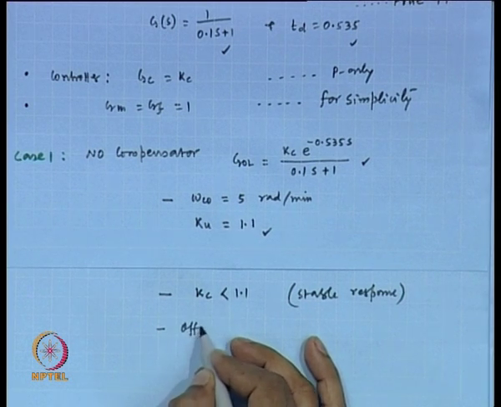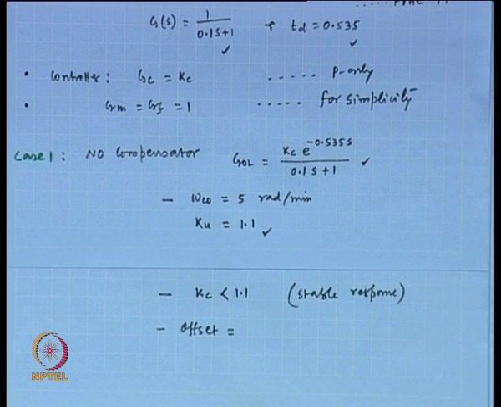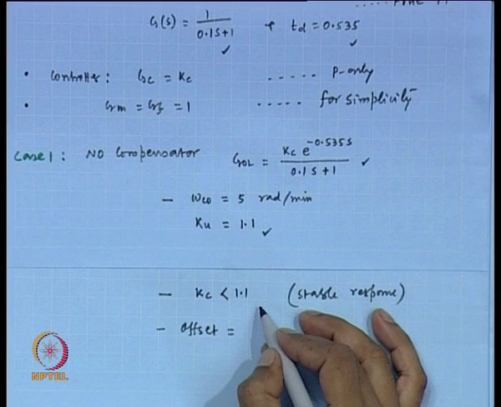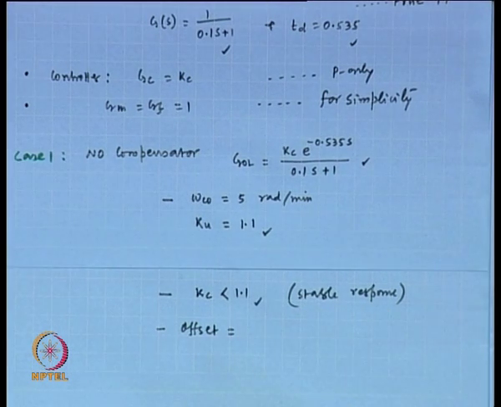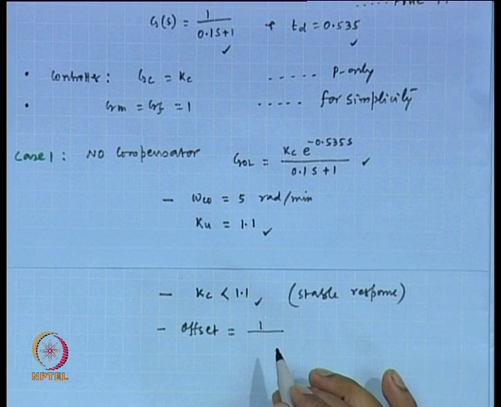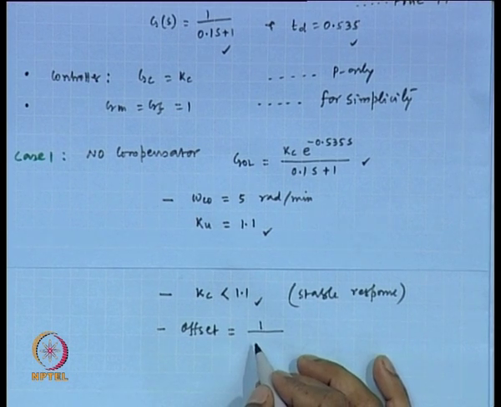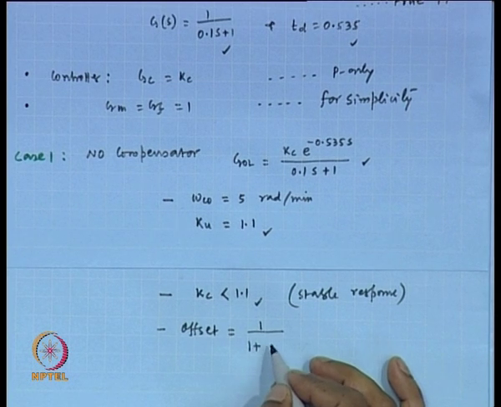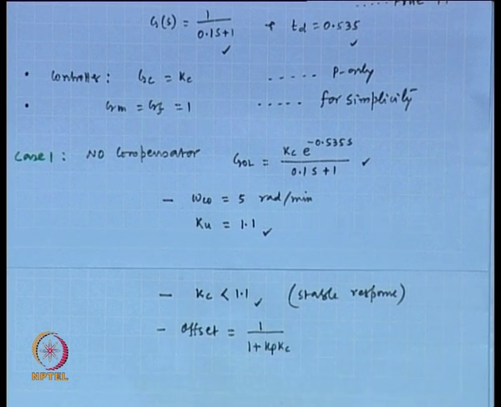If that is the case, what will be the offset? Maximum value we can select for Kc is 1.1, at which we obtain sustained oscillation. The expression for offset for the example system we can derive as 1 divided by 1 plus Kp Kc.